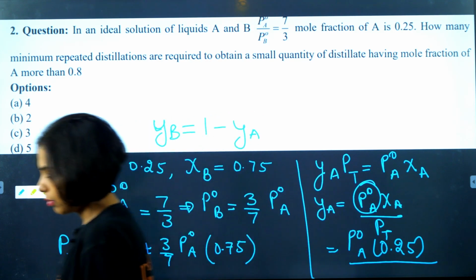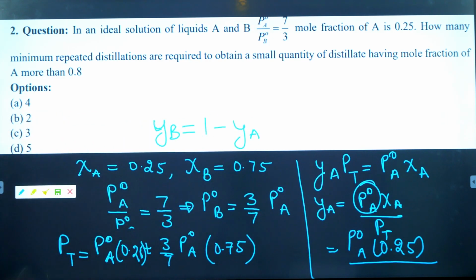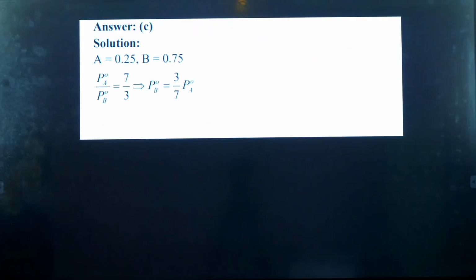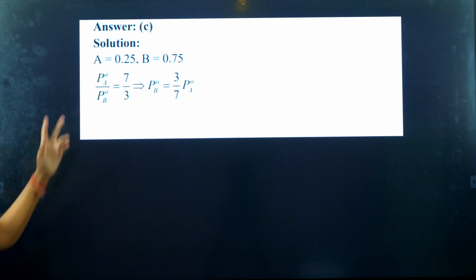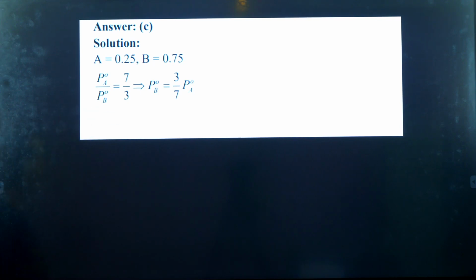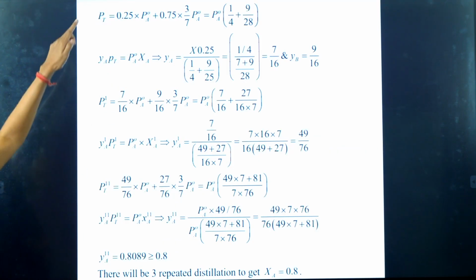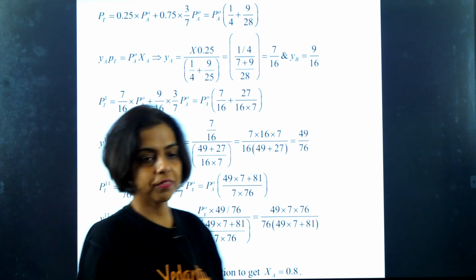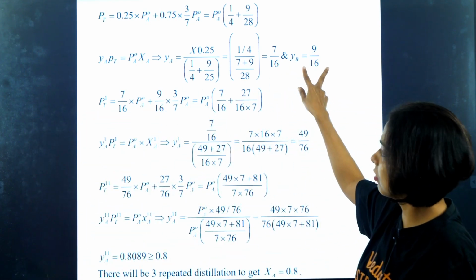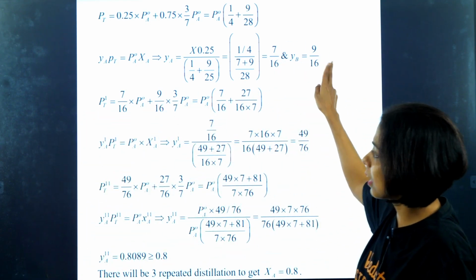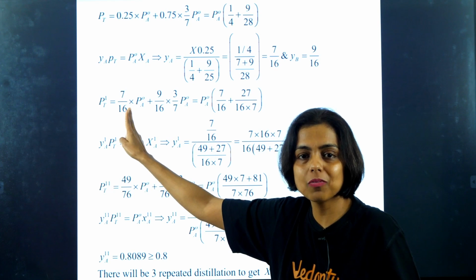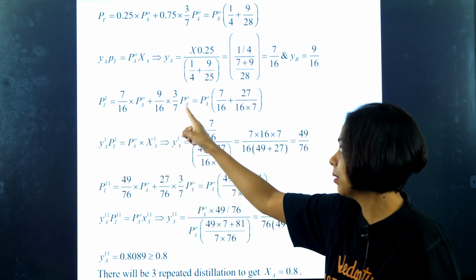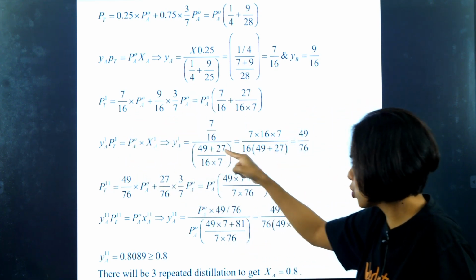Let me show you the solution also. So this is of course the data given. You can check, YA, YB we first calculated. Whatever YA, YB are coming, again we calculate the total vapor pressure because they become XA, XB. So the same equations we are using.